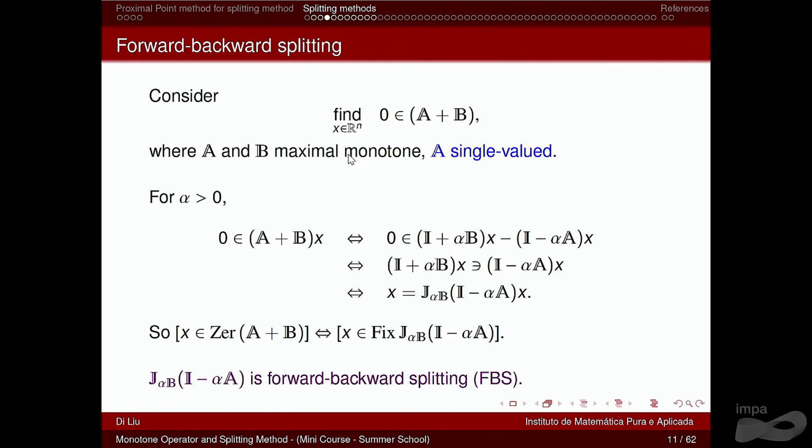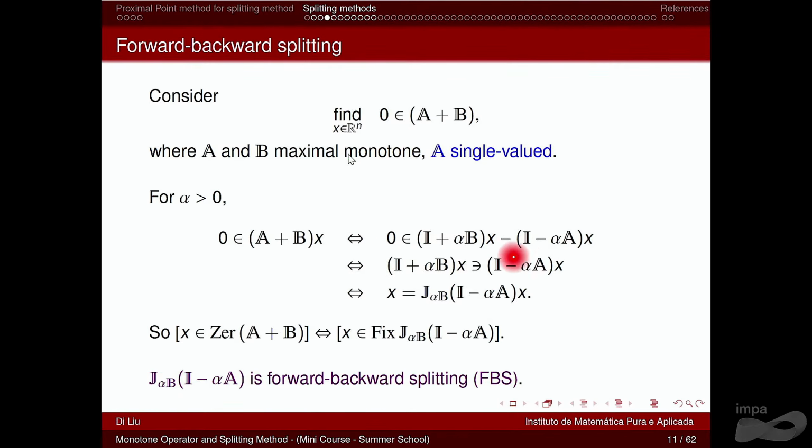So we analyze from the zero side of this problem. If zero belongs to this, the inclusion is equivalent to this inclusion. This is trivial. And then we put this term on the left side.